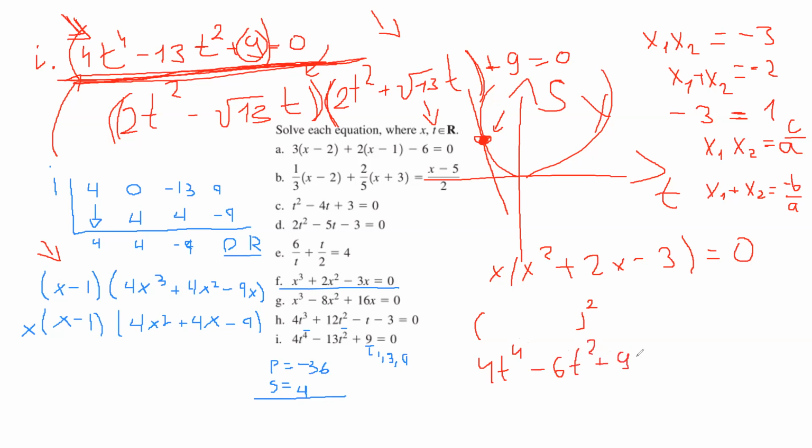Plus 9. And here we write minus 7t squared. Now we can rewrite this part as, sorry, we can write it as 2t squared subtract 3.